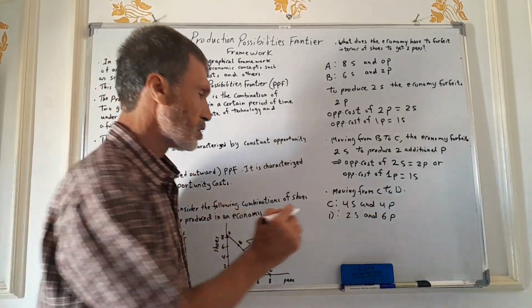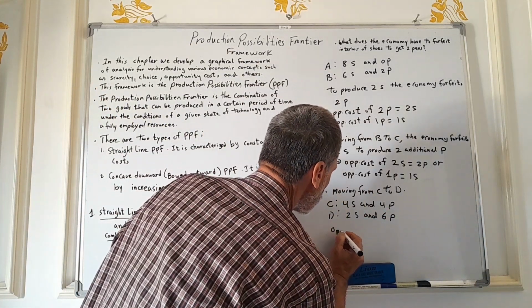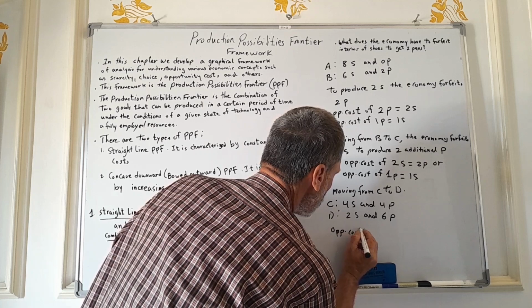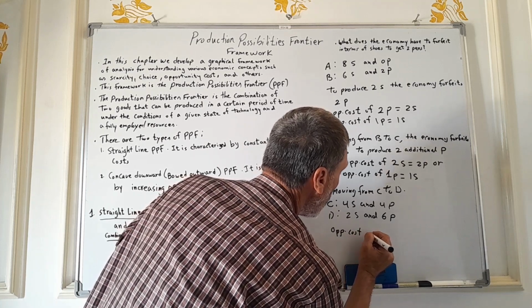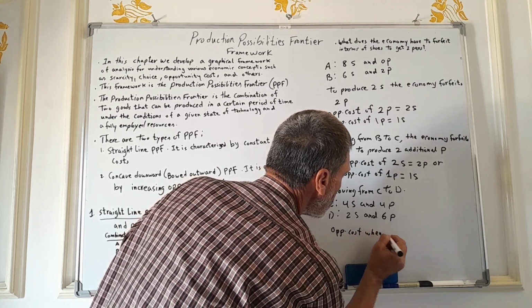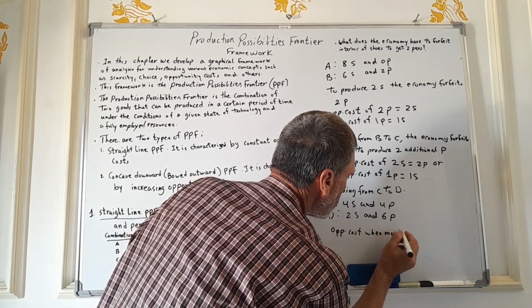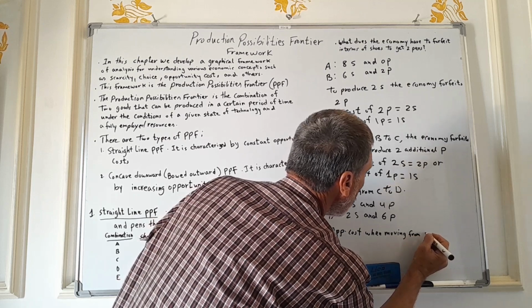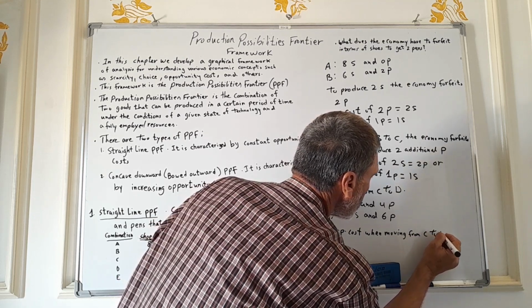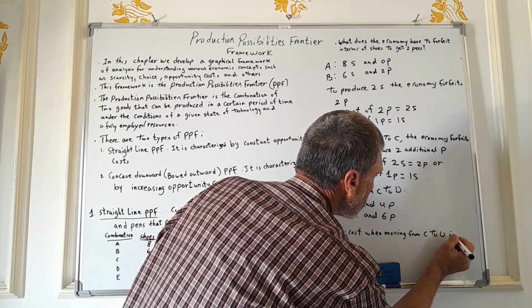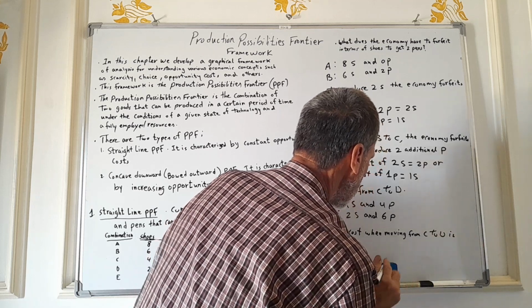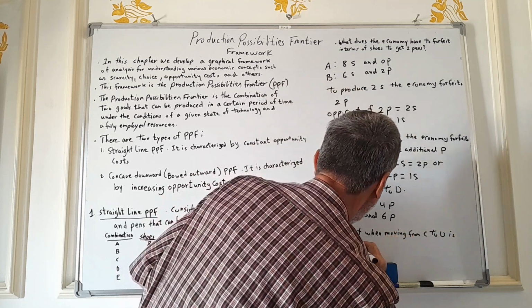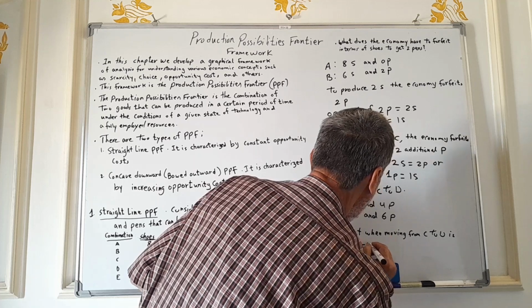From C to D. So we say here the opportunity cost when moving from C to D is 1 pen equals 1 shoe.